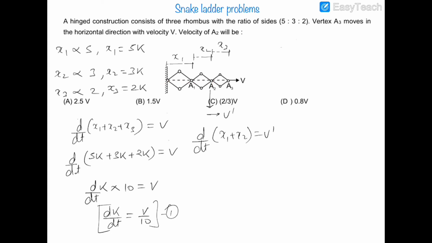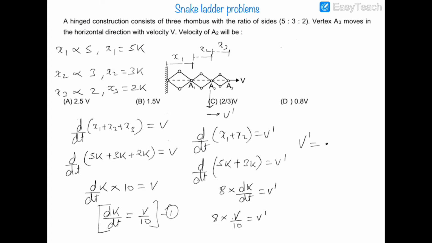Substituting x1 = 5k and x2 = 3k, 8 times dk by dt is equal to v dash. Now dk by dt is equal to v by 10. So v dash will be equal to 0.8 of v.